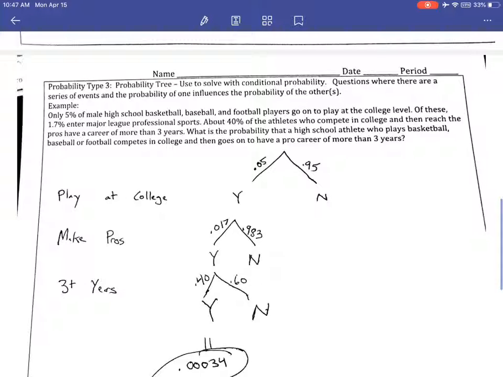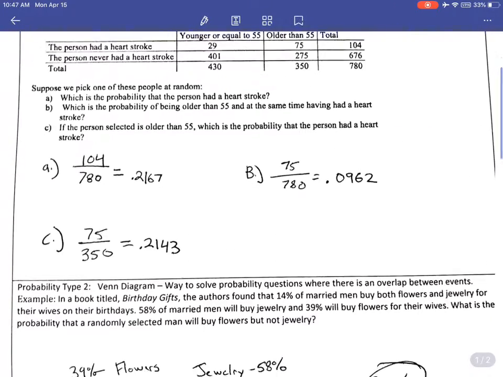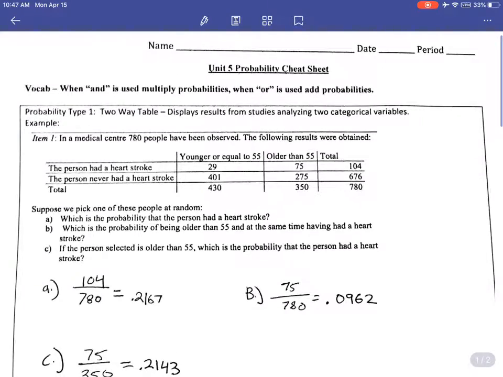It's like the probability that somebody passes stats, what's the probability that they're going to pass English? Okay, so where one event affects the probability of another, then we're going to build this tree diagram out to solve those problems. So let's go back and start with the two-way table.